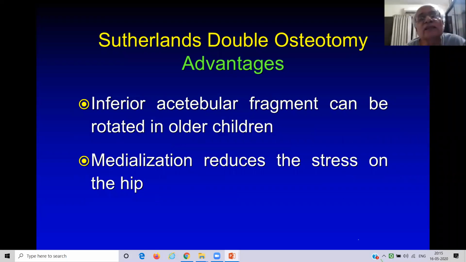Advantage of Sutherland, inferior acetabular fragments can be rotated in older children more than 6 years or 8 to 10 years. Medialization reduces, which I told you, the body lever arm, stress on the hip. So 1 centimeter maximum you can medialize the acetabulum, you can't do more than that. You can rotate the fragment well because you have got a double osteotomy now.